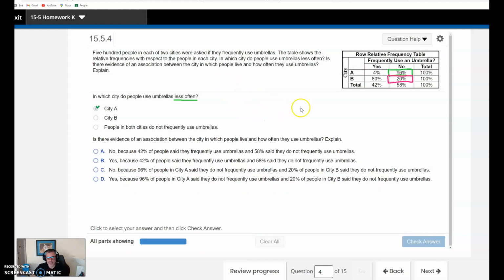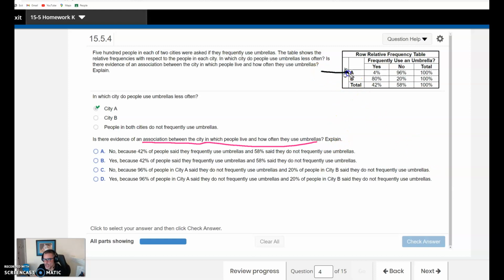Is there evidence of an association between the city in which people live and how often they use umbrellas? So this goes to what I first talked about. Is there an association? Can we look at this and make some kind of determination? Absolutely we can.